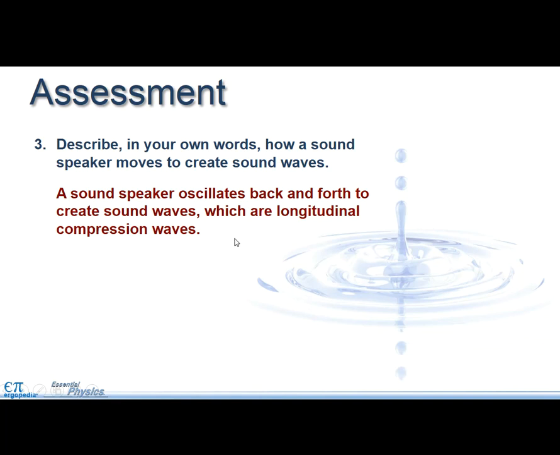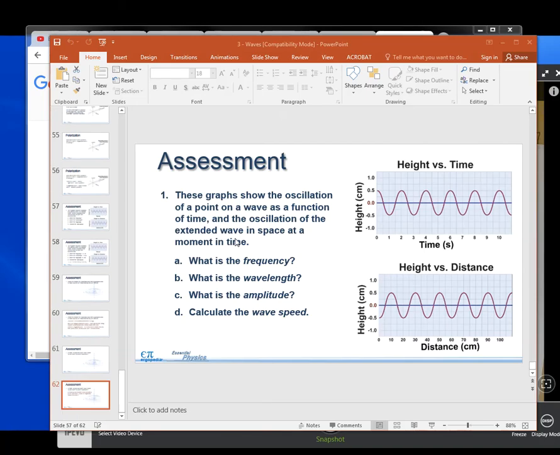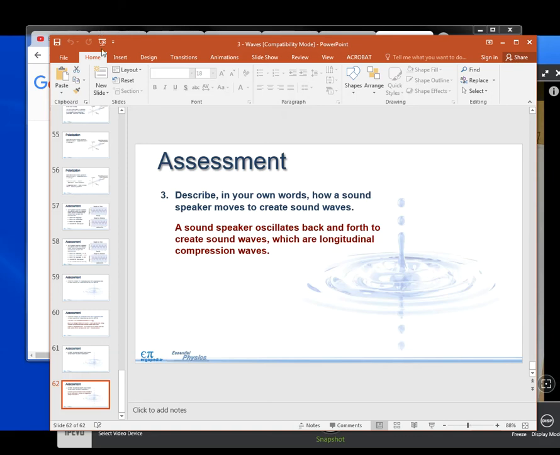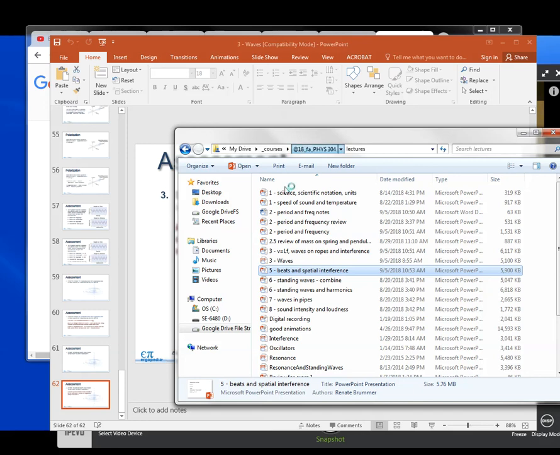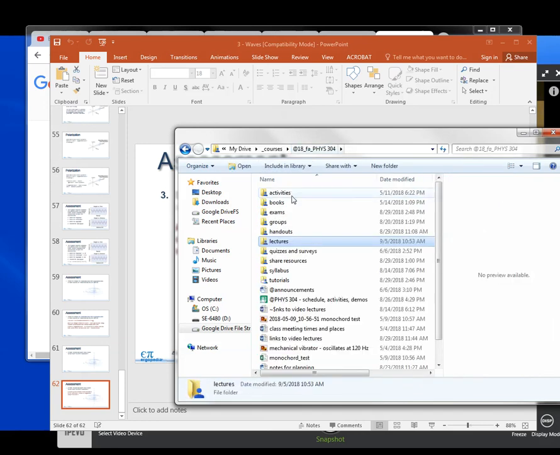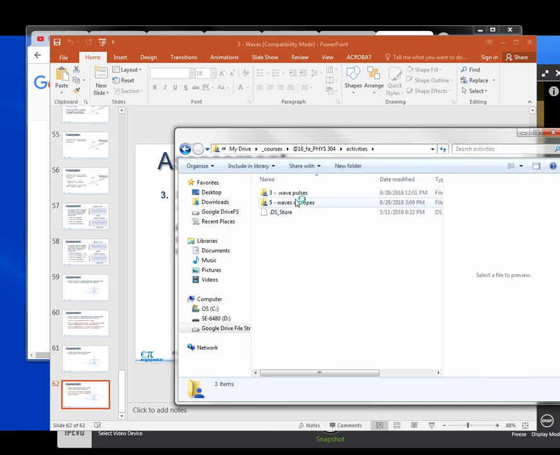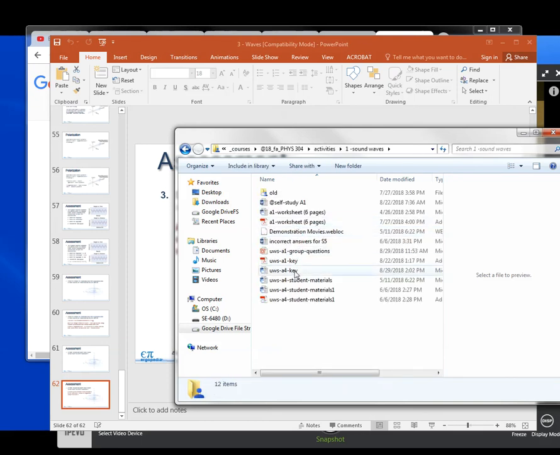And so in that way, in fact, we'll actually pull on a resource here. If you remember back to our activity, sound waves, and I'm going to use this one here.